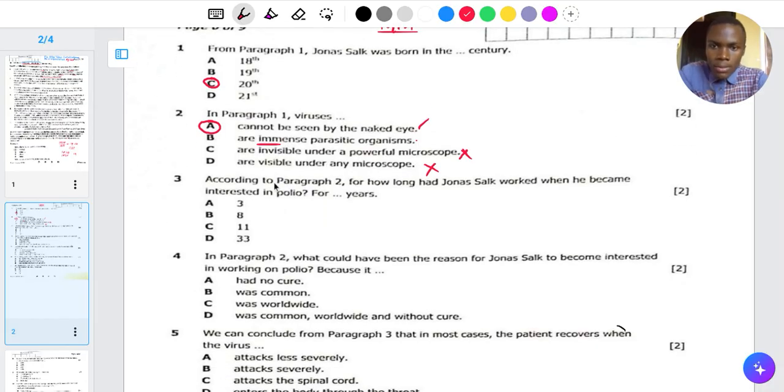So now, according to paragraph 2, we're going to go to paragraph 2 to extract our answer. According to paragraph 2, for how long had Jonas Salk worked when he became interested in polio? Let's see.